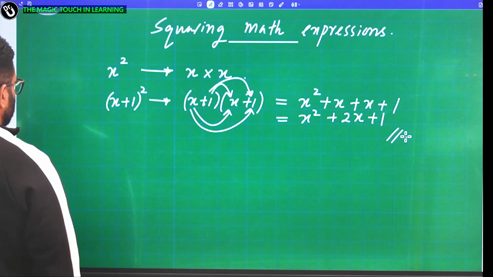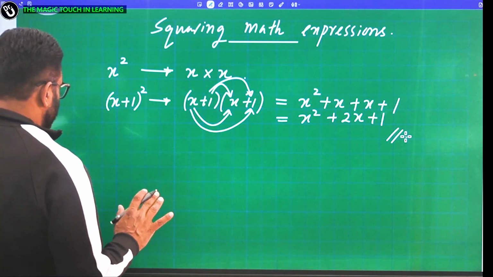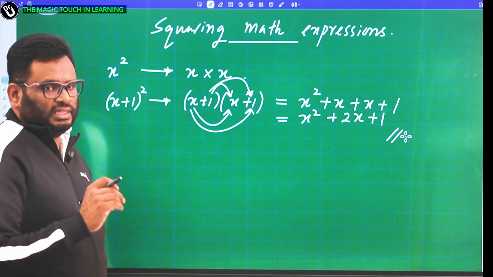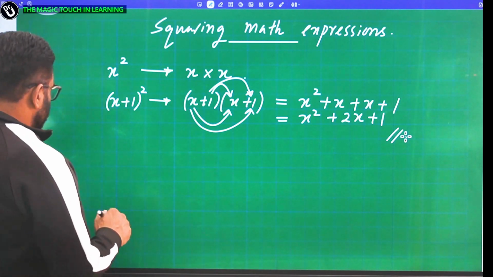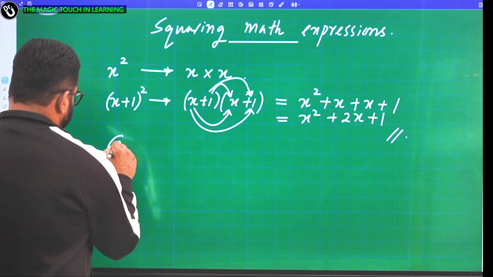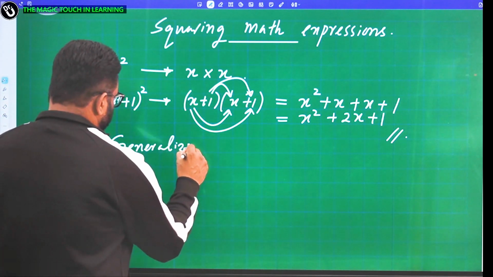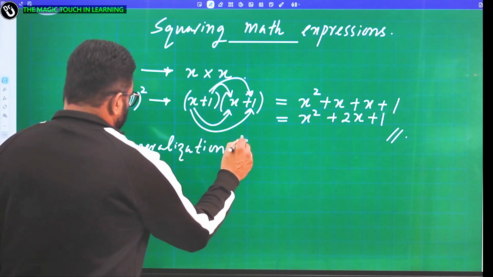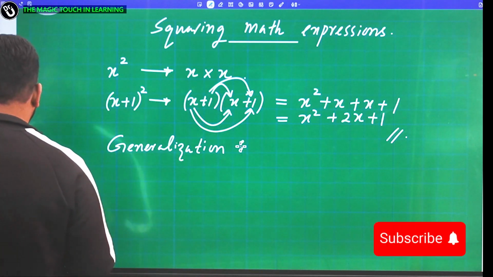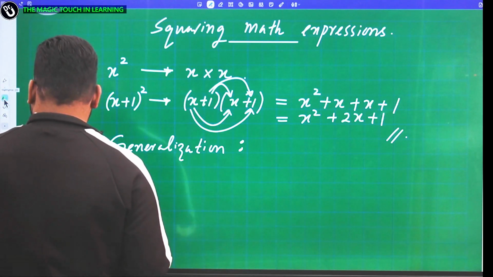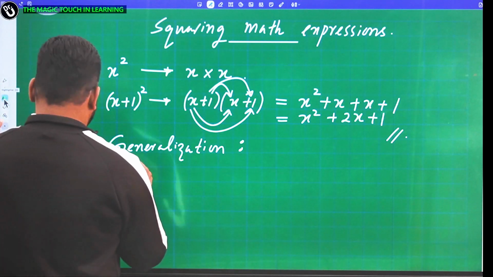Now, I'm going to generalize this, so you can use this in any format, right? Generalization.